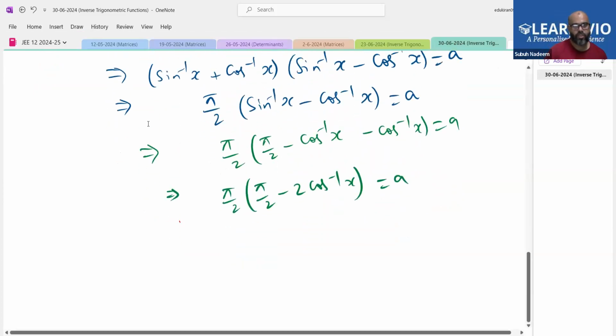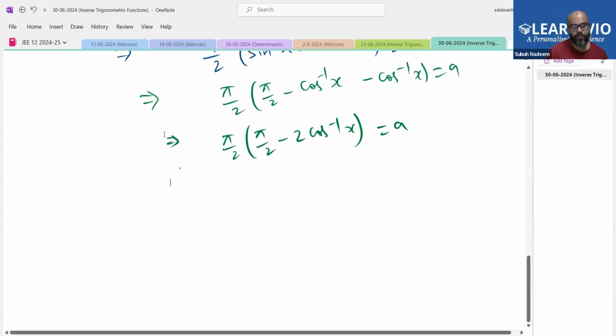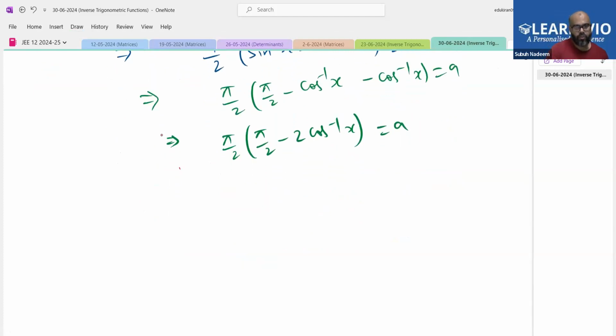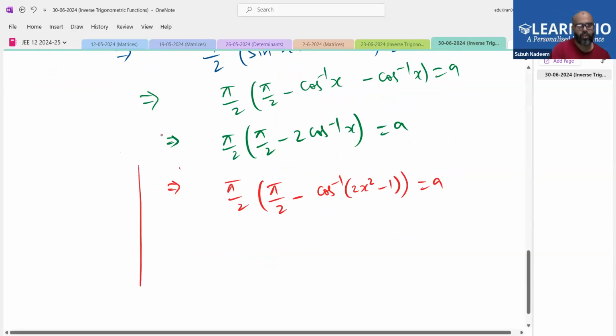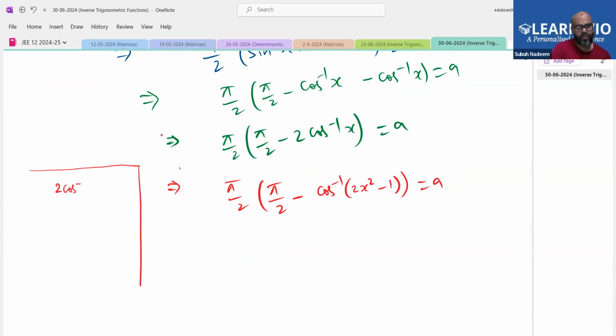So now we proceed further. So we know this that 2 cos inverse x is cos inverse 2x square minus 1. This is the formula. If you forget this formula, you can derive it. Like, let us suppose that 2 cos inverse x is equal to alpha.